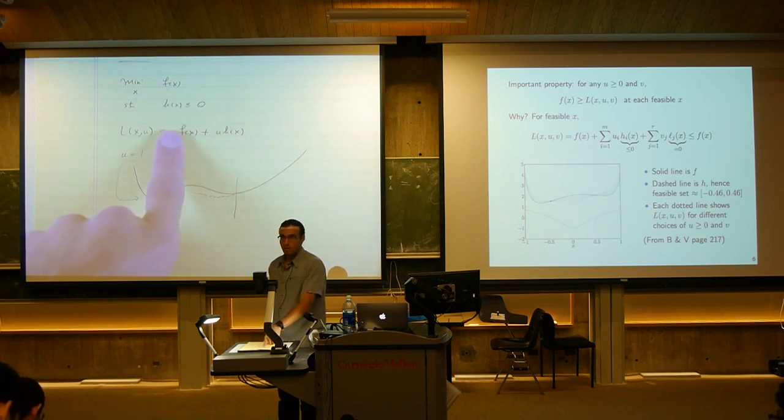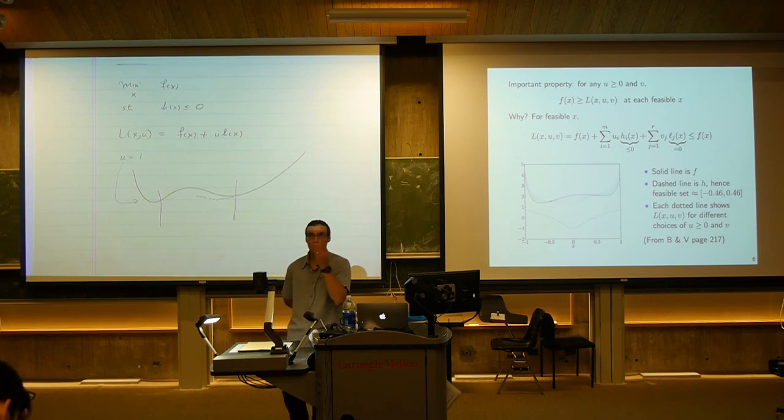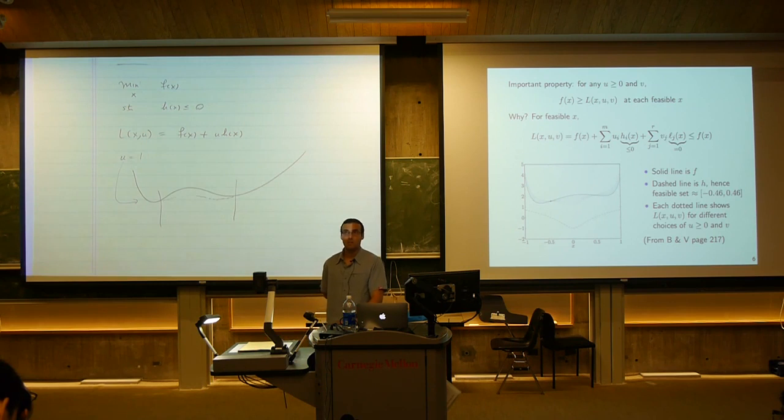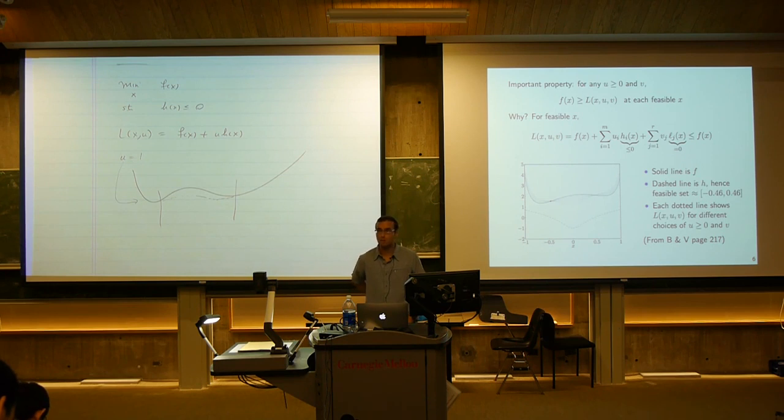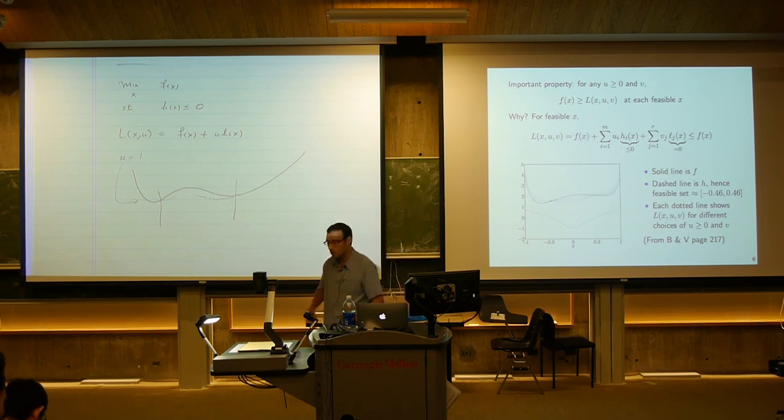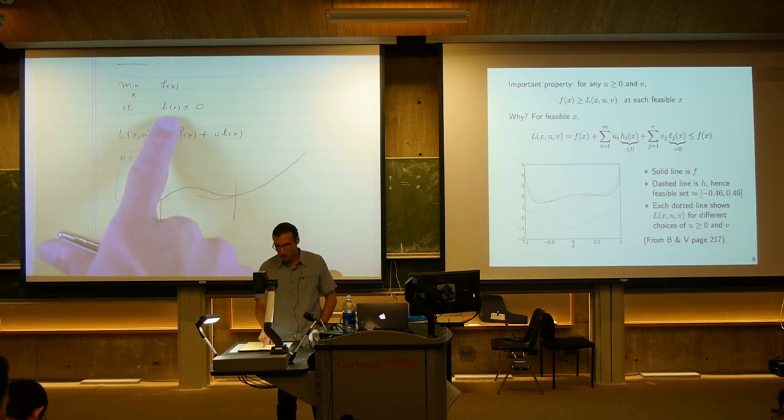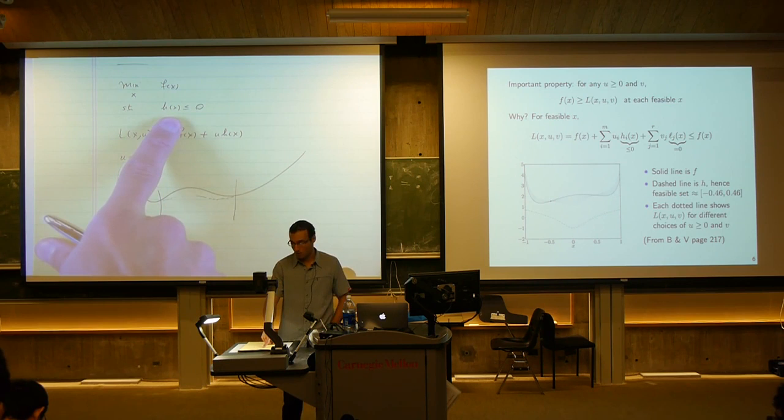What do you think happens in general if we had more than one constraint? Suppose we had two constraint functions. So I had h of x less than or equal to 0, and another function, h prime of x less than or equal to 0. Would I always have the property that outside of the feasible set? Even without the equality constraints, you could argue directly that it's not necessarily the case that it's bigger than or equal to the criterion value.